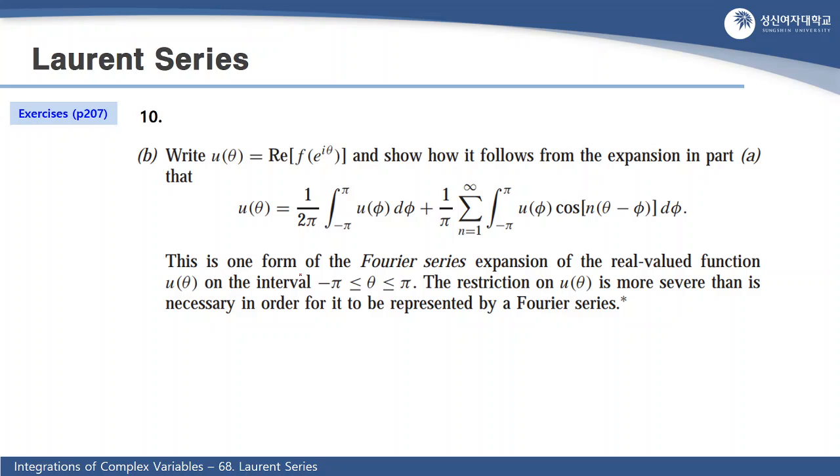This is one form of the Fourier series expansion of the real valued function u of theta on the interval theta greater than or equal to negative pi and less than or equal to pi. The restriction on u of theta is more severe than is necessary in order for it to be represented by a Fourier series.